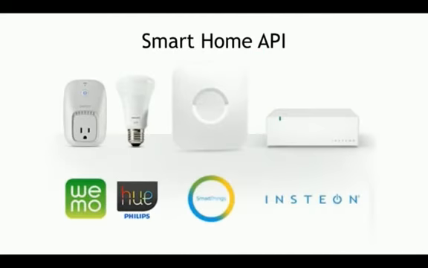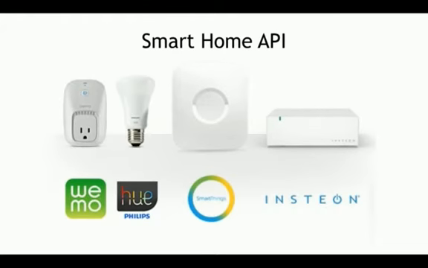But Echo really gets smarter, or the Alexa powered devices really get smarter when we get developers to build additional experiences for them. And for this, we have two APIs. We have one that's a smart home API, and it's really focused on the home automation, and we have multiple partners that we integrate really heavily with.